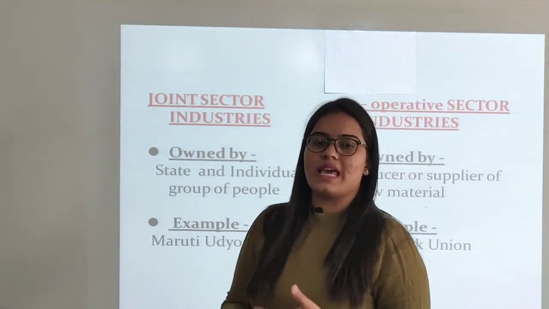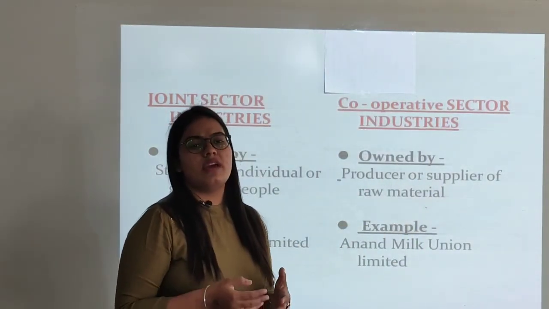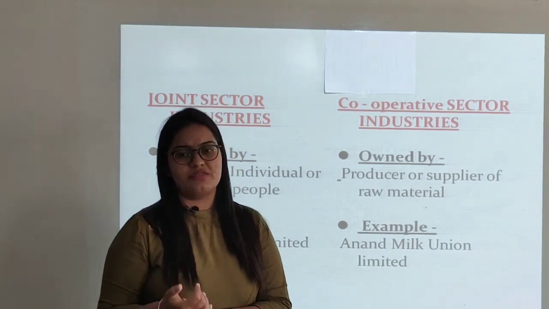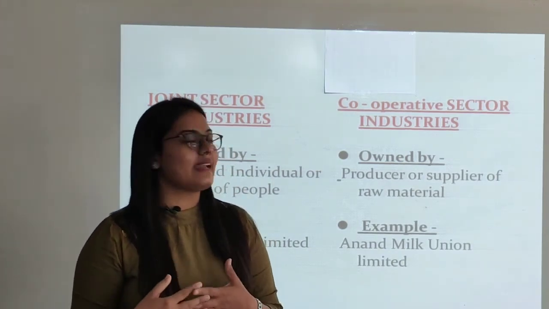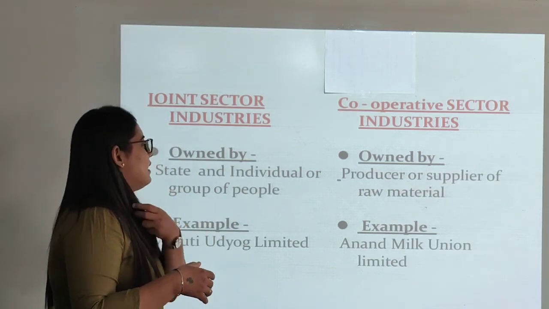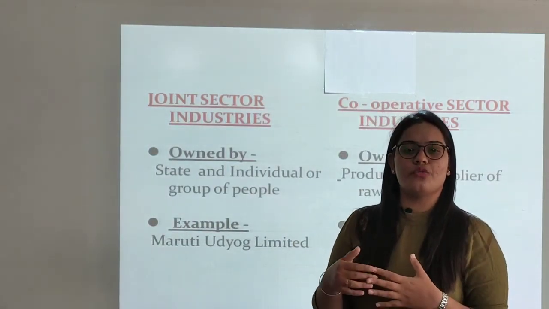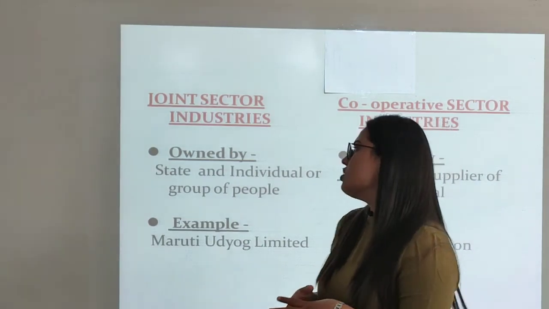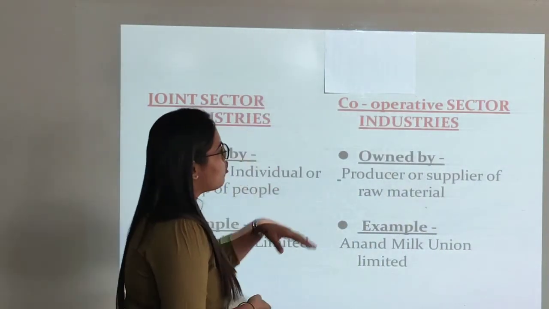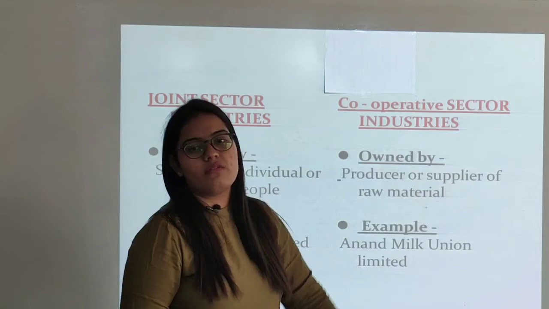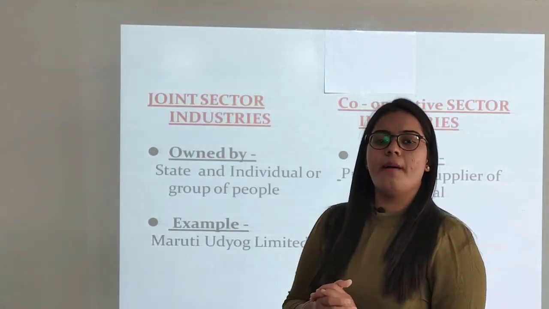On the basis of size, there are 2 types of industries: small scale and large scale. And on the basis of ownership, it is divided into 4 parts: joint sector, cooperative, public, and private.